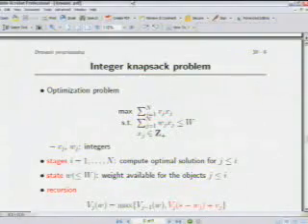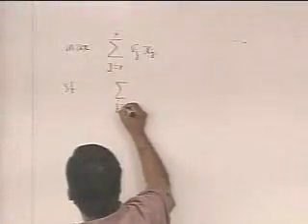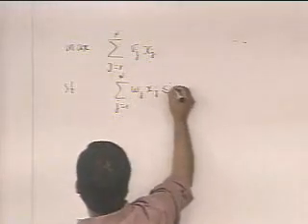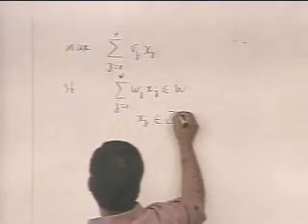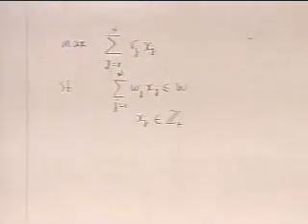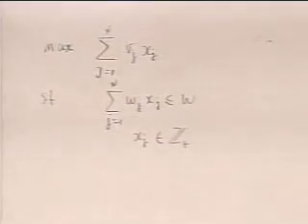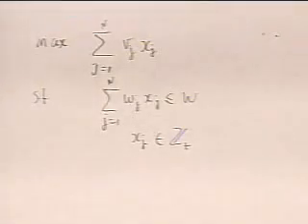So you're maximizing the sum over j going from 1 through n of vj xj, such that summation of j going from 1 through n of wj xj is less than or equal to capital W, but now instead of xj taking values only 0 or 1, it belongs to the non-negative integers. 0, 1, 2, 3. You can take multiple copies of the same object. Okay? And we want to solve this using dynamic programming.